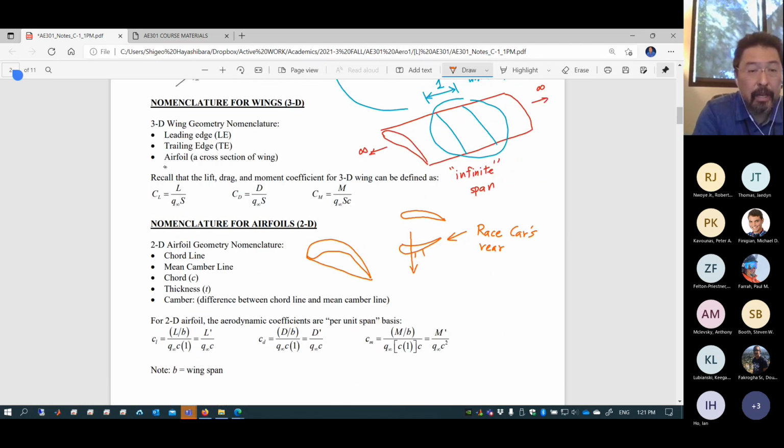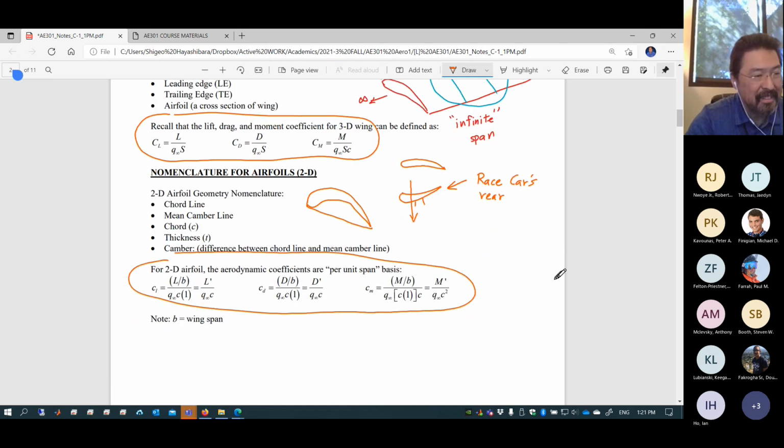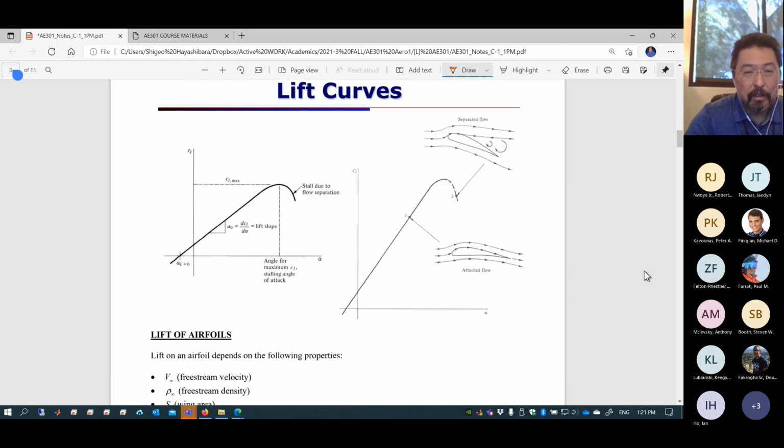So this is, once again, definition of lift and drag moment coefficient, 3D wing versus 2D airfoil. We talked about that already, okay? So let's move on to the next page. So we can first of all plot CL and alpha. So this is CL alpha plot, oftentimes called lift curve.